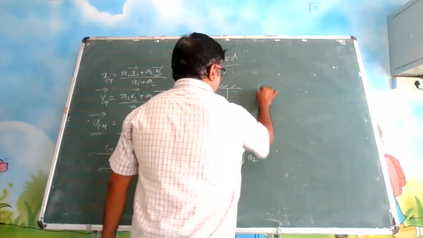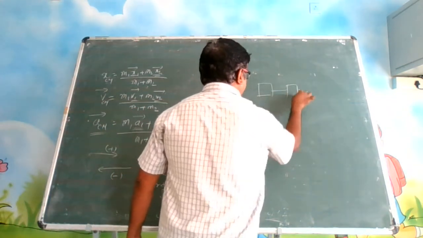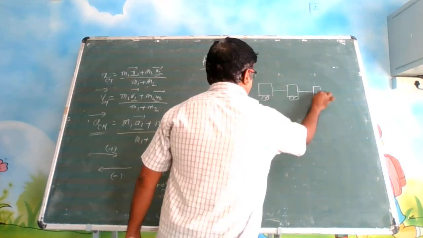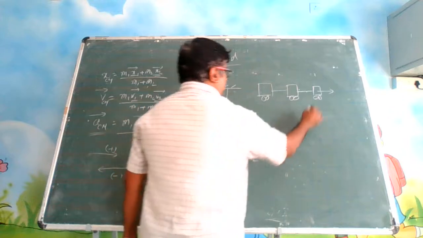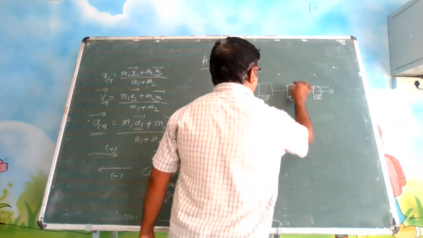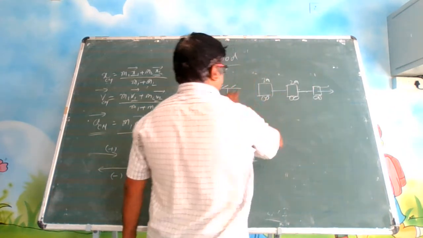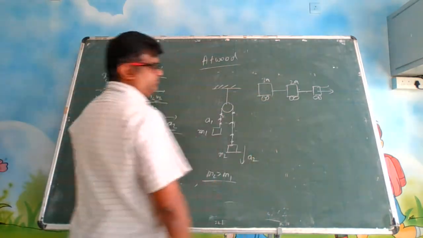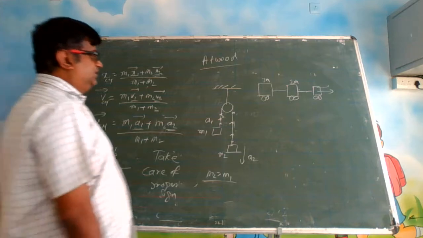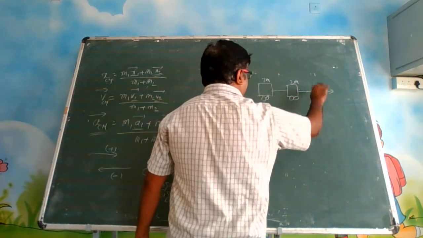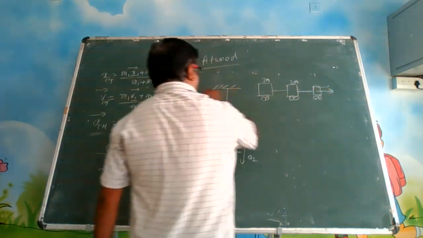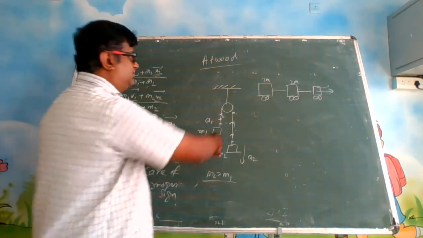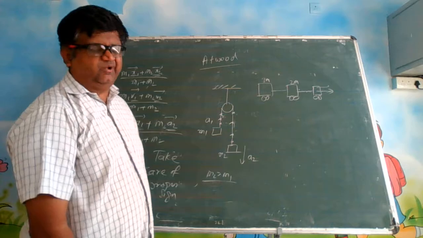You cannot say one coach is going with acceleration A, another with 2A, another with 3A, because then they would collide. If one is going with A, all connected things go with A only. A little crude example, but it is the analogy I am trying to give.